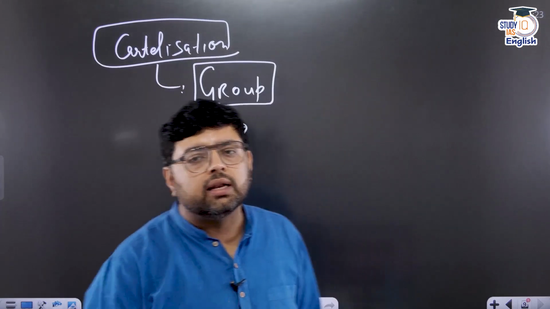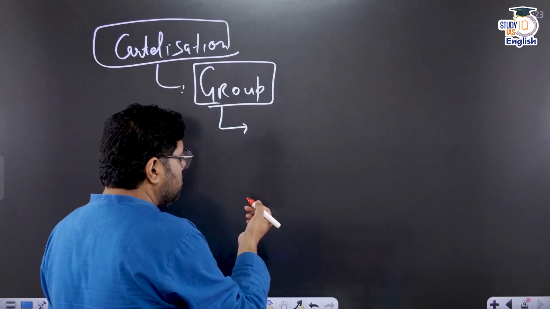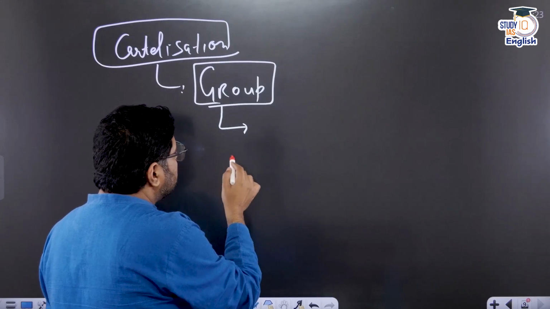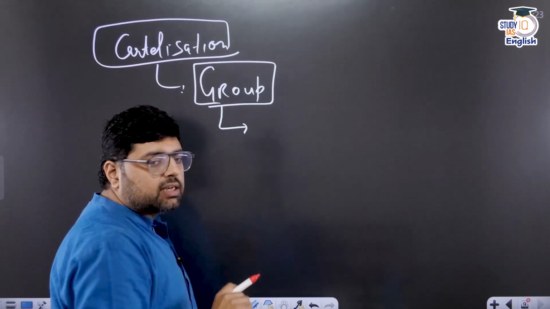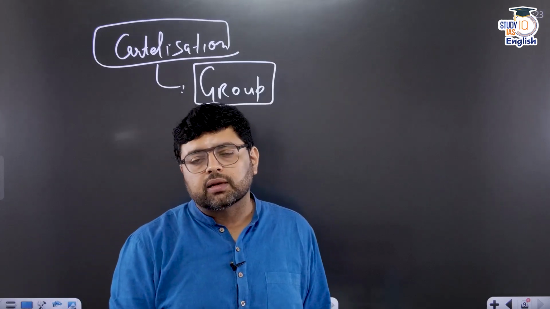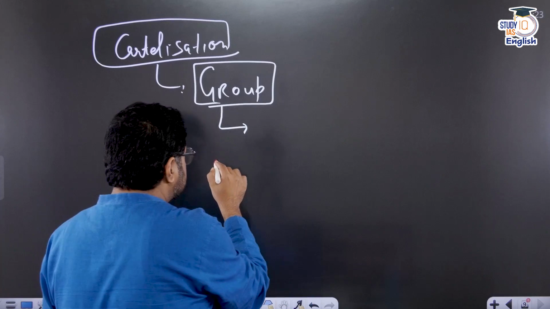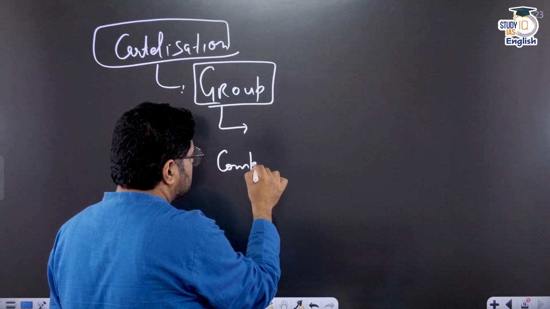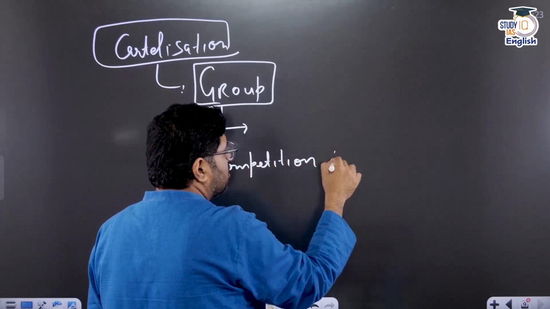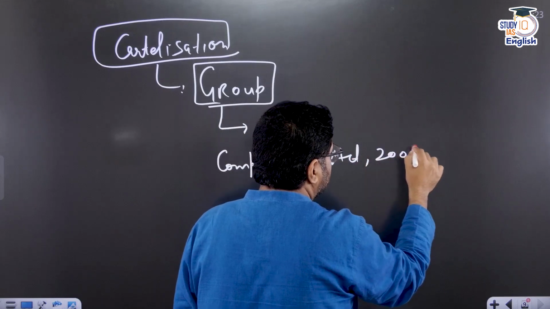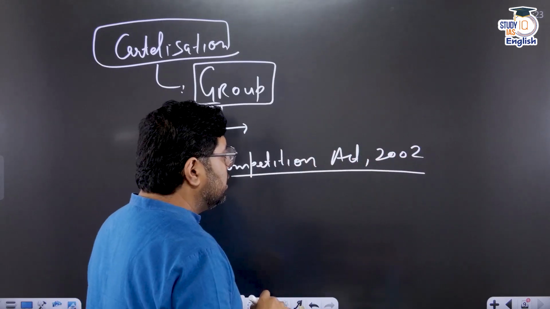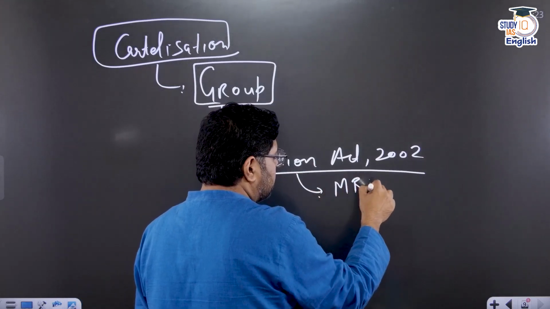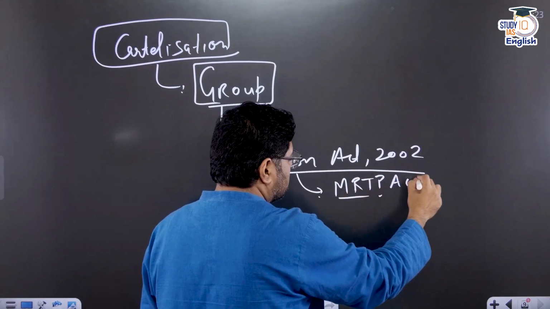Now here in cartelization, you will observe one thing, that for cartelization we have a very famous act in order to stop the practice of cartelization. Why? Because cartelization has been regarded in our country as an unfair practice. Now to stop that cartelization, we have the Competition Act 2002, which came after repealing or replacing another very famous act, the MRTP Act.